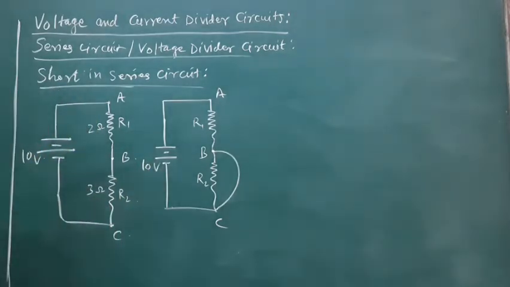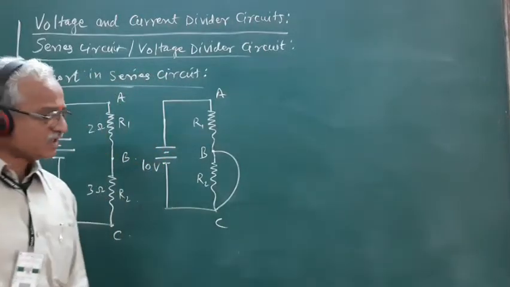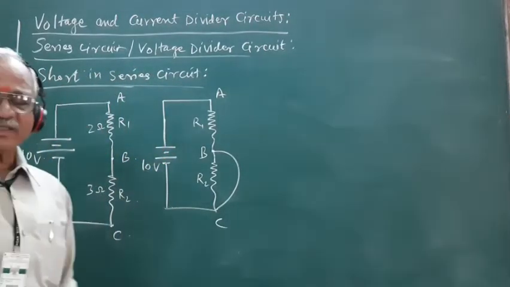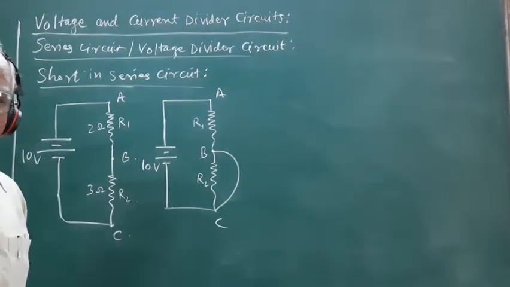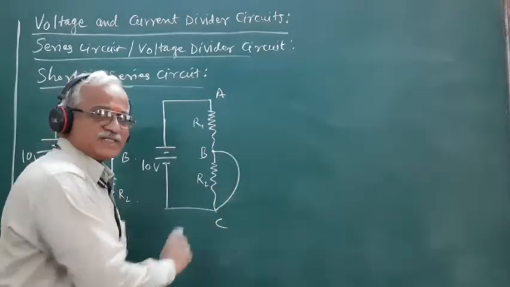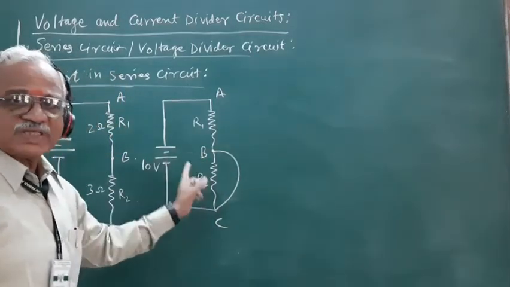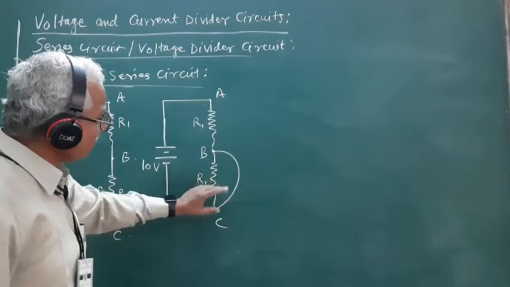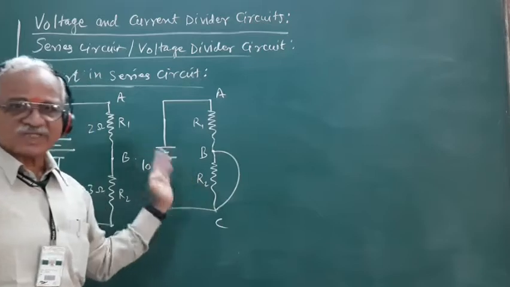So if a short is put across the points B and C, that is the resistance R2 is short circuited. Directly we connect a copper wire between the points B and C, so that the effect of R2 is nullified. So if the effect of R2 is nullified, what will happen to the circuit?